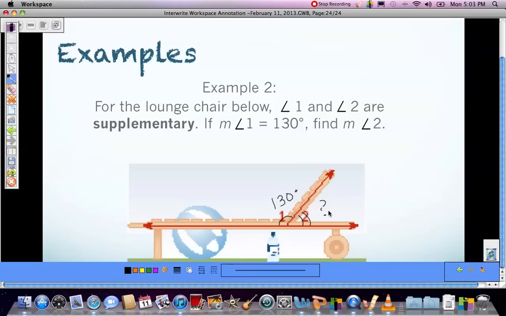Well, to find this missing measure, if you know the sum of the two measures is 180, all you need to do is subtract 130 to see what's left over. And so 50 is your leftover measure, meaning that the measure of angle 2 equals 50 degrees. And you can always check your work when added. Do these two angles equal 180? Yes, they do.